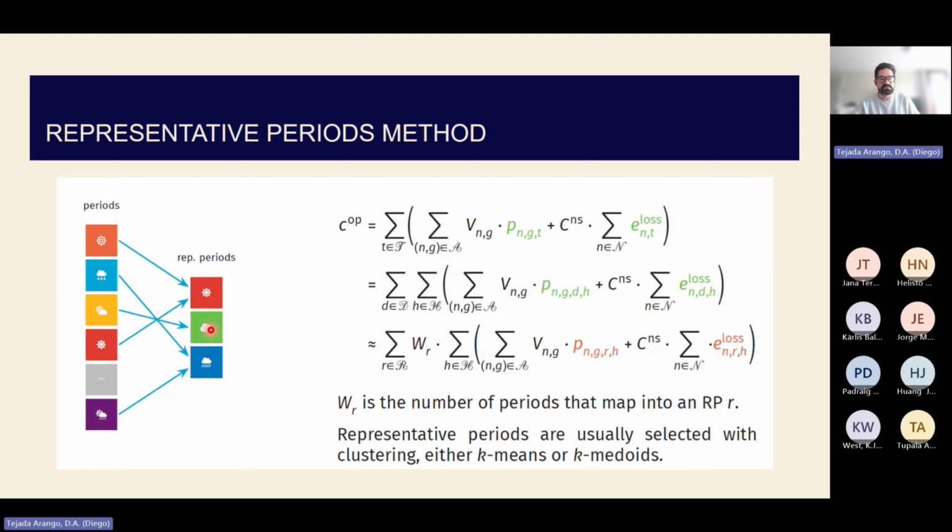This day that is a little bit cloudy is represented by the day in yellow. And this one that is rainy and more cloudy is represented by this light rain. So this was more or less what we used to have before in SpineOpt, as I mentioned before, version 0.9.